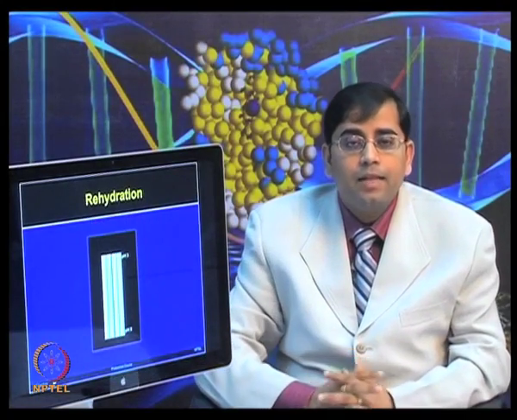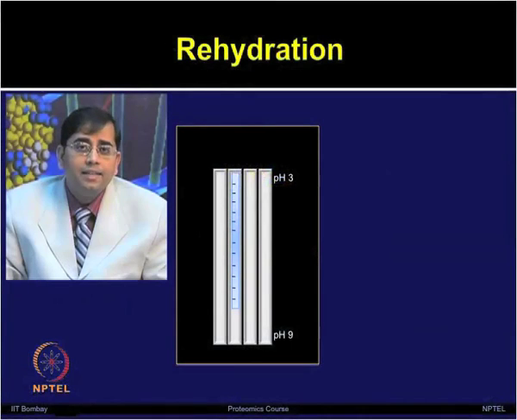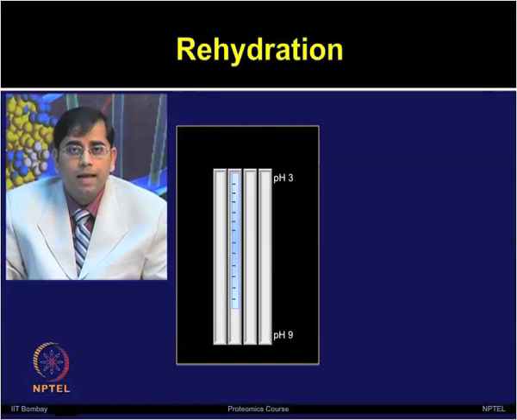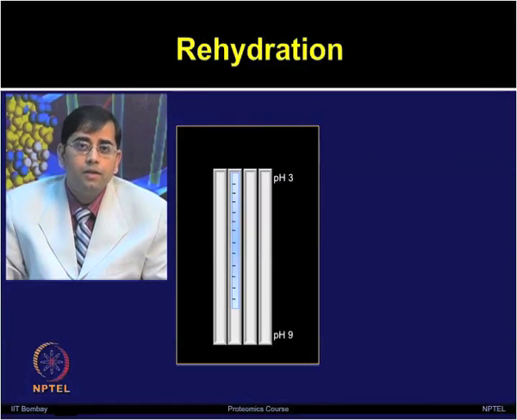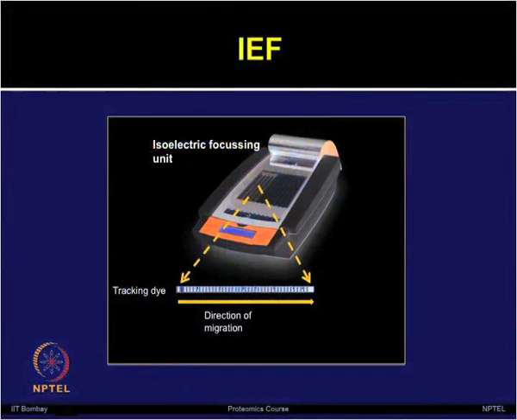After that, you can take that sample and do the rehydration. We have talked about the rehydration step and the need for it in the previous lecture in the 2D workflow. Now, this rehydrated strip can be focused in an isoelectric focusing instrument.